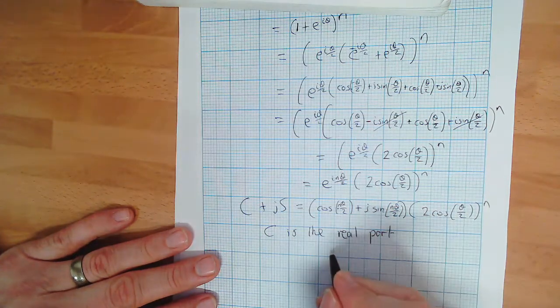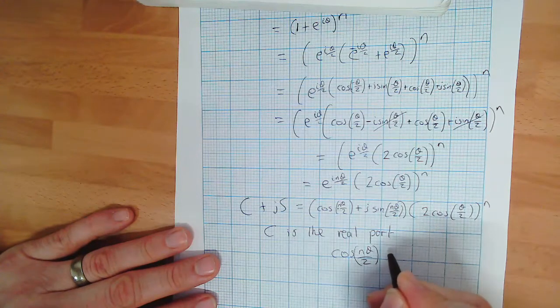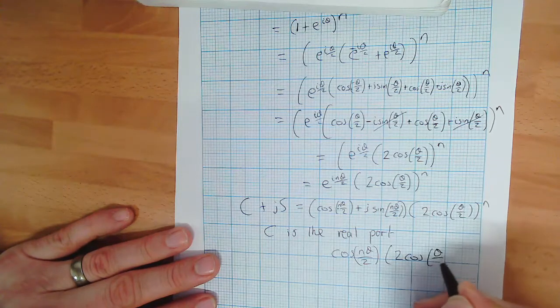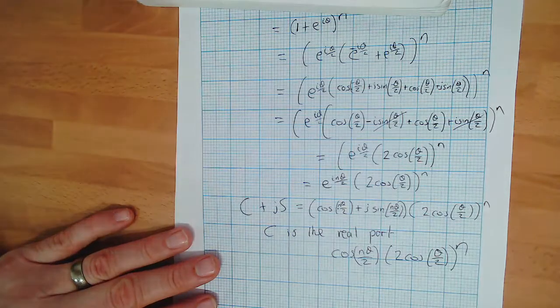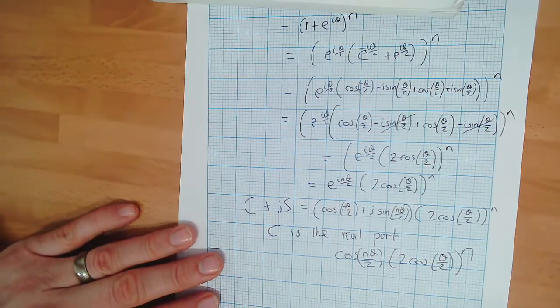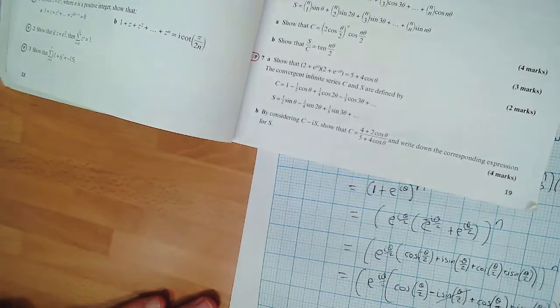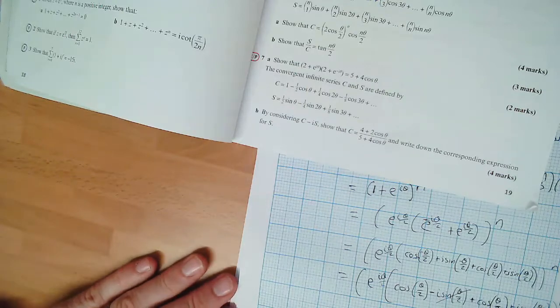So the real part is cos n theta over 2 multiplied by 2 lots of cos theta over 2, all to the power n. Now, hopefully that's what we wanted. And there we go. I have written it the other way around. I've written that before, but it's exactly what we want. There you go.